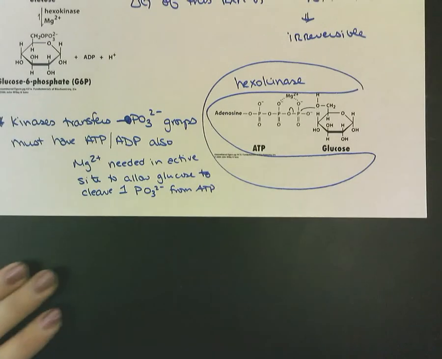So we need the magnesium in there because it's going to stabilize those negative charges and allow glucose just to attack one phosphate group. Which is why, in general, every time you see a kinase, you'll also see magnesium. So kinases, ATPs, magnesiums all work together.